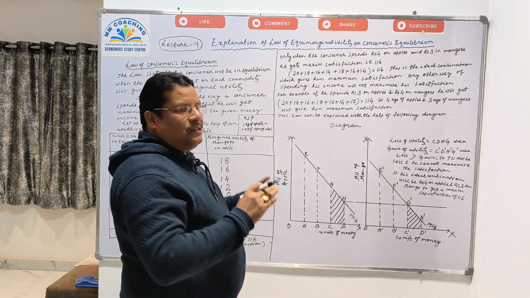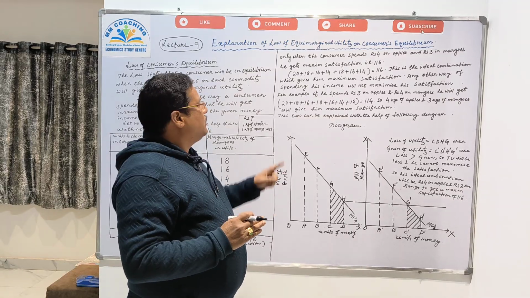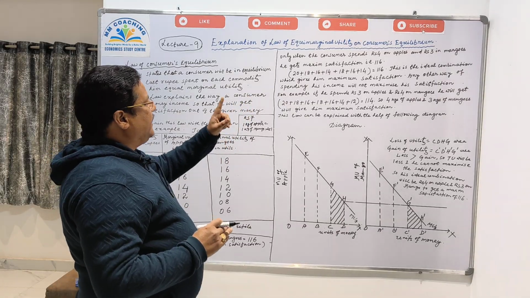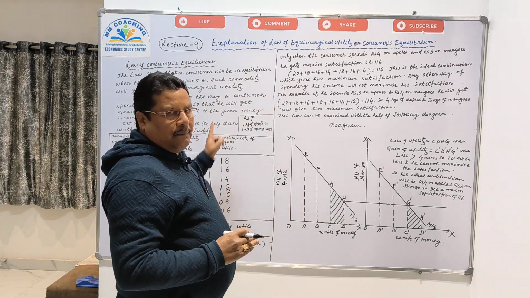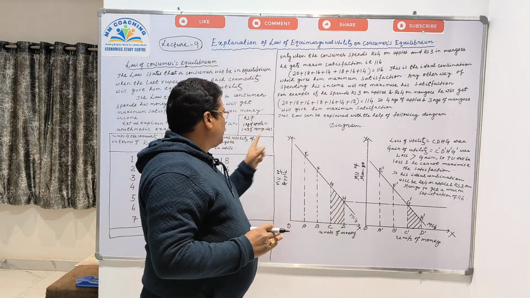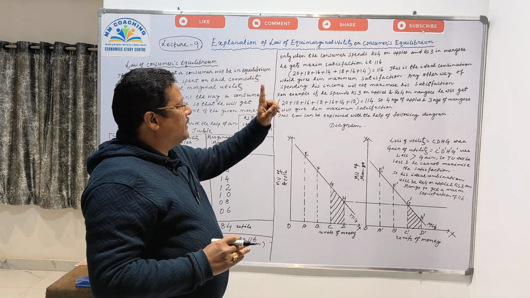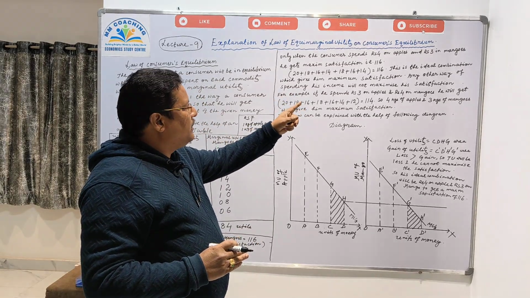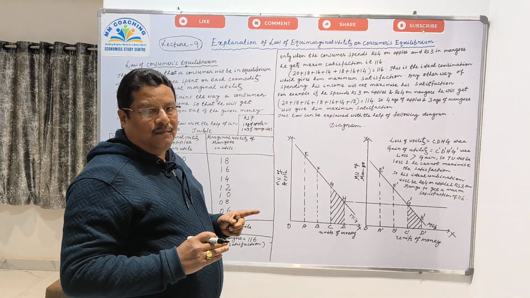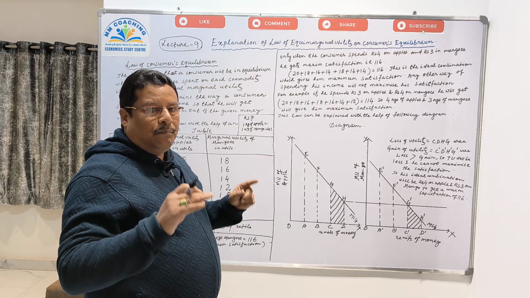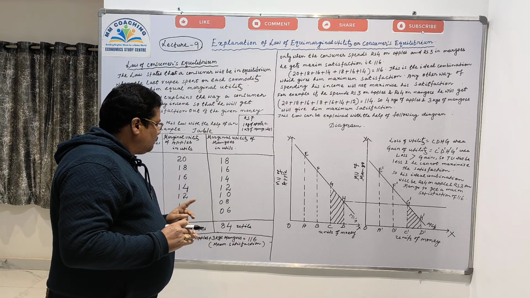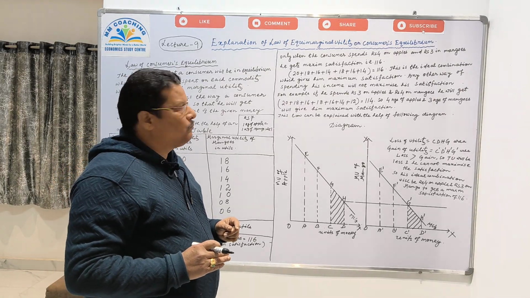So if we sum up all the numbers 20, 18, 16, 14 from apples and 18, 16 and 14 from mangoes, then our total utility comes as 116. This is much more than either 98 or 84.